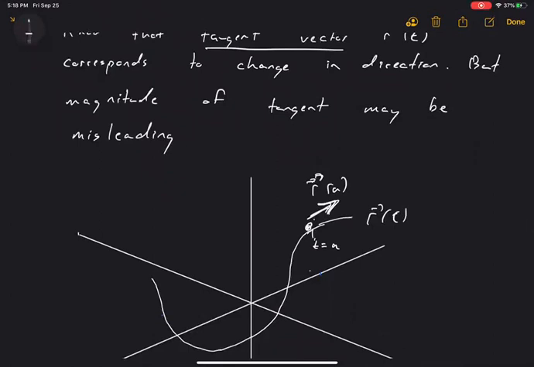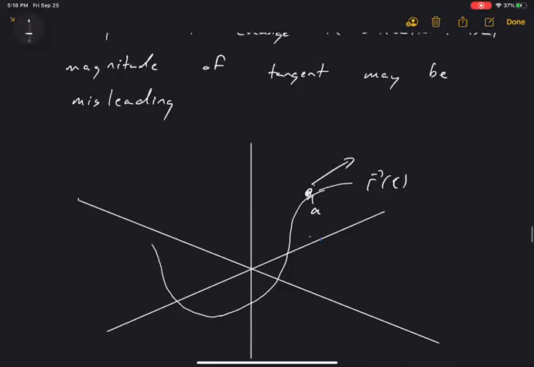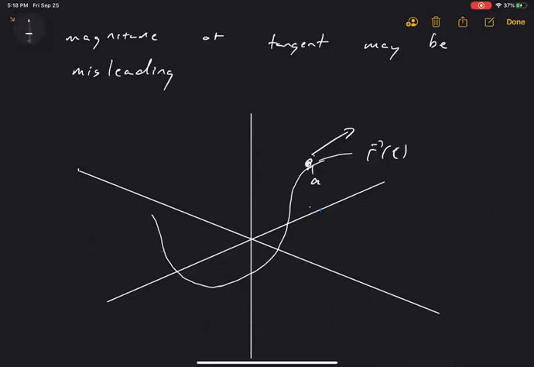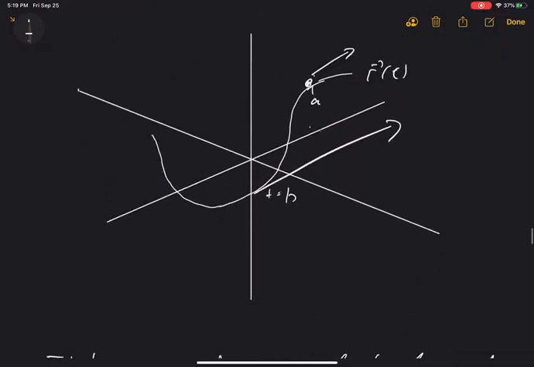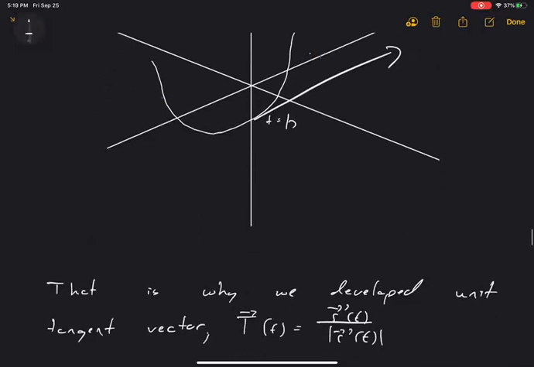But remember, these tangent vectors R prime have magnitudes, right? So maybe at this point on the graph at t equals a, my tangent vector looks like this, and maybe at t equals b, my tangent vector is a lot longer. So these lengths could give some misleading notion about the importance, or the weight, of these vectors.